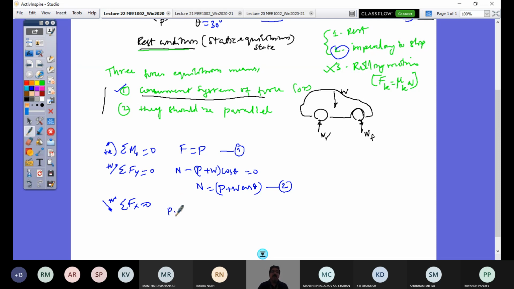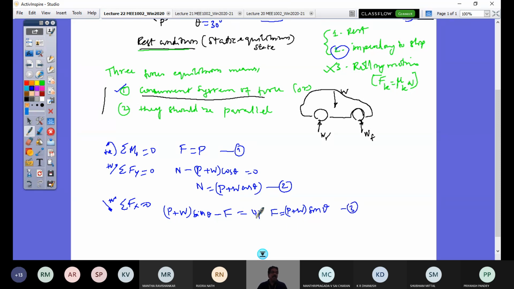I would have P plus W within bracket sine theta, the component along the slope, minus F, that's opposite to this, and that's equal to 0. So I would have my friction force equal to P plus W sine theta, right? So this is my third equation.